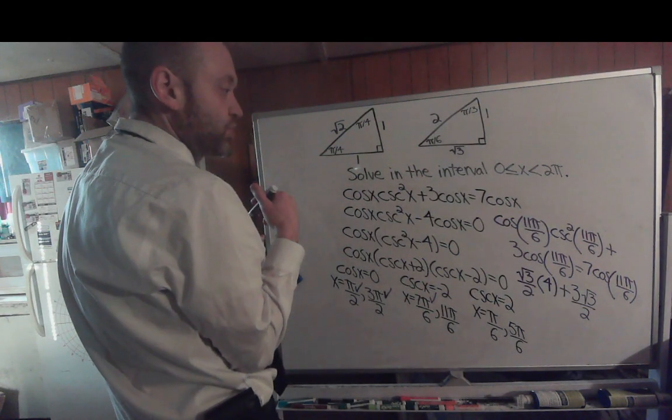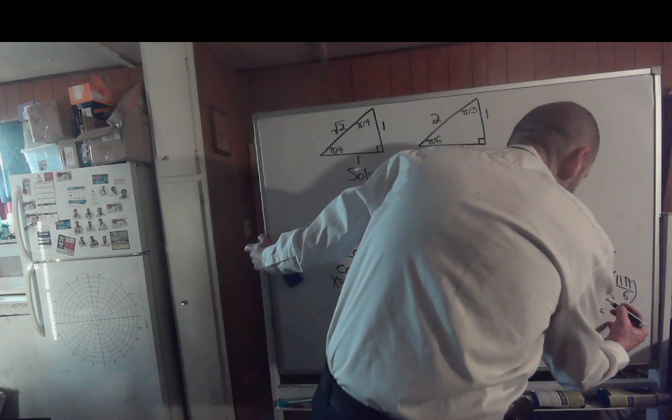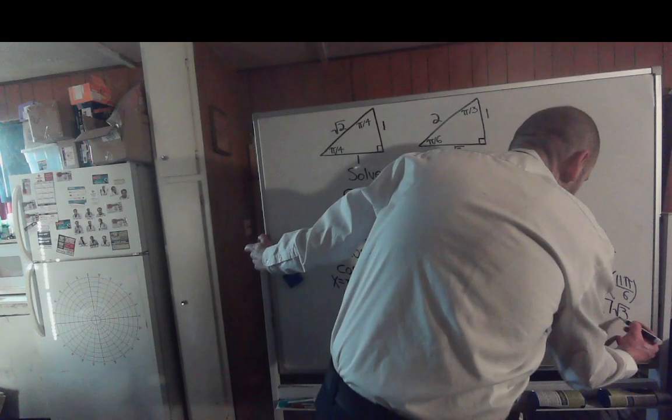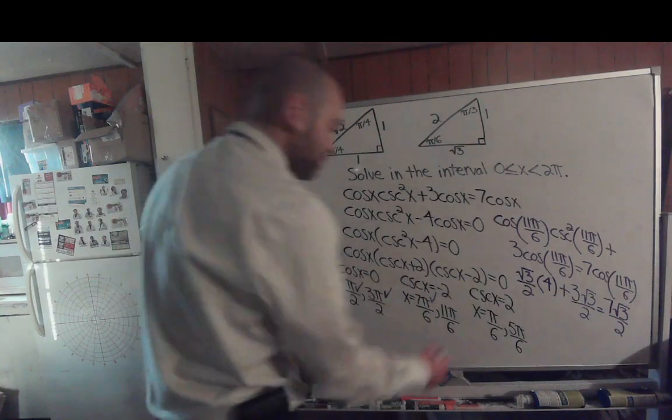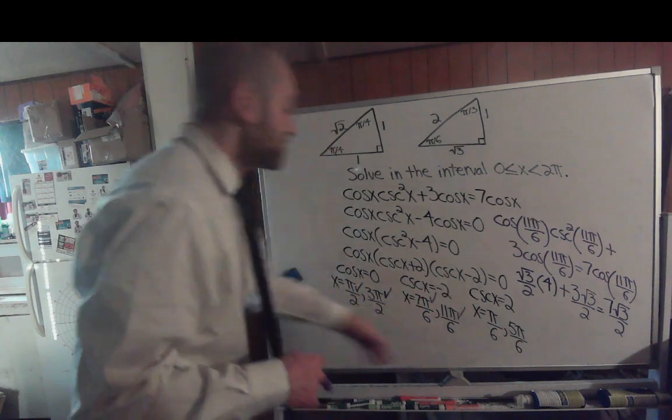And then, of course, you're going to have that equal to 7 times the square root of 3 over 2. Well, you end up getting the left side equals the right, so yes, in fact, your 11 pi over 6 does work.